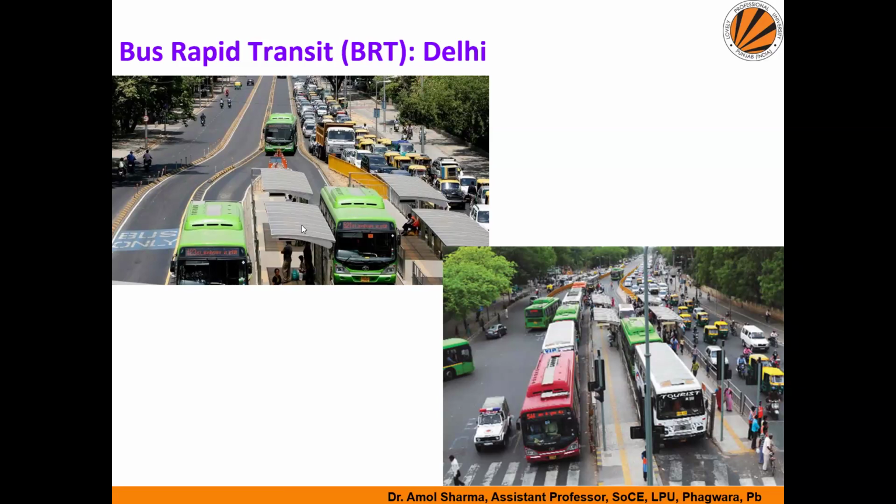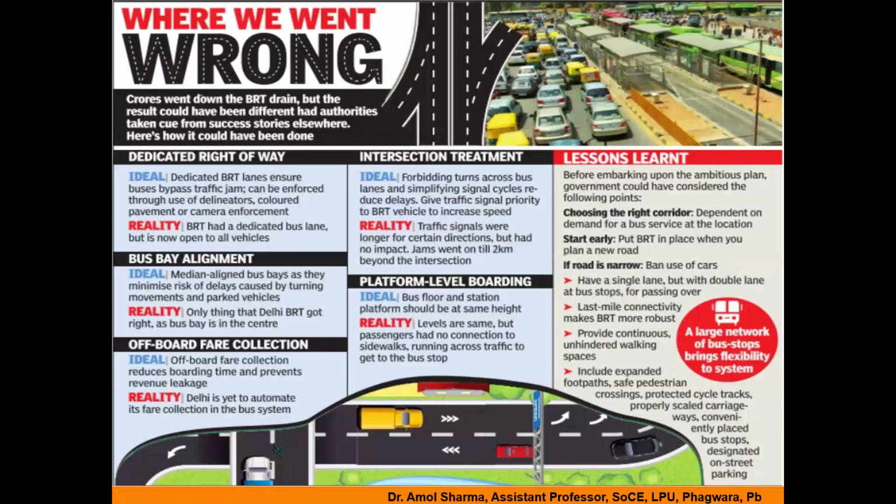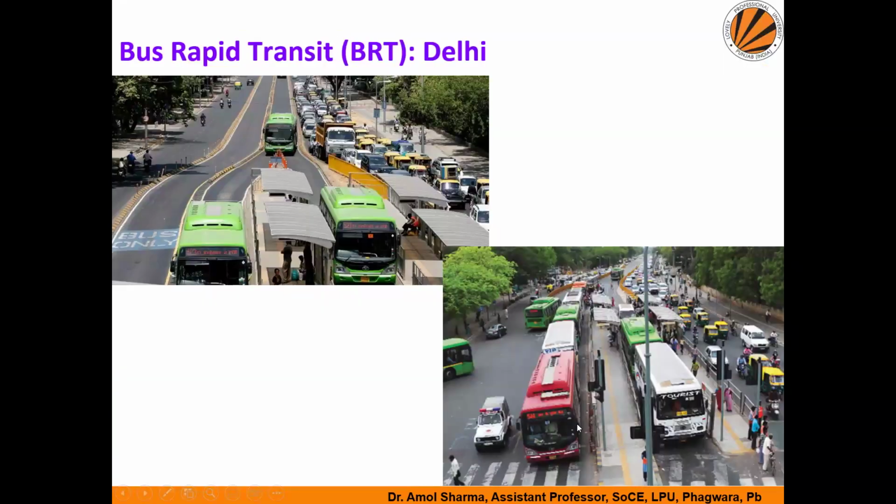Now, there were some deficiencies related to the case of the Delhi BRT system. The first problem they faced in policy making is that the width of the road was constant. As the BRT system was implemented, the width was not expanded, but the same width was utilized for the BRT lane as well.